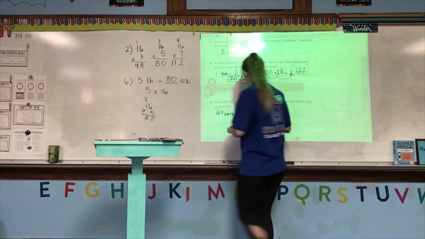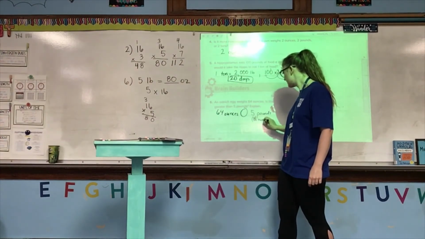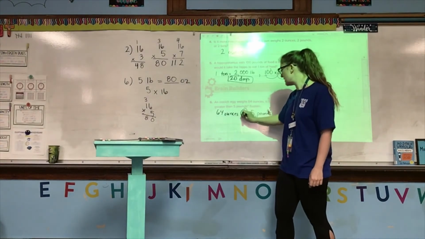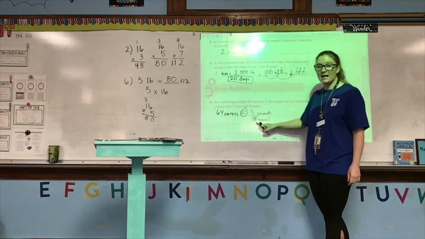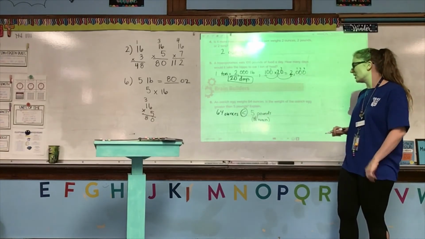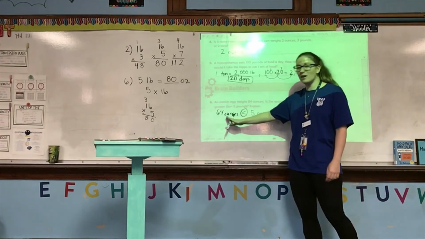So if we imagine this 5 pounds as 80 ounces, we can see that 64 ounces is less than 80 ounces or 5 pounds. So that means the answer to the question, is the weight of the ostrich egg greater than 5 pounds? Well, here's our ostrich egg.